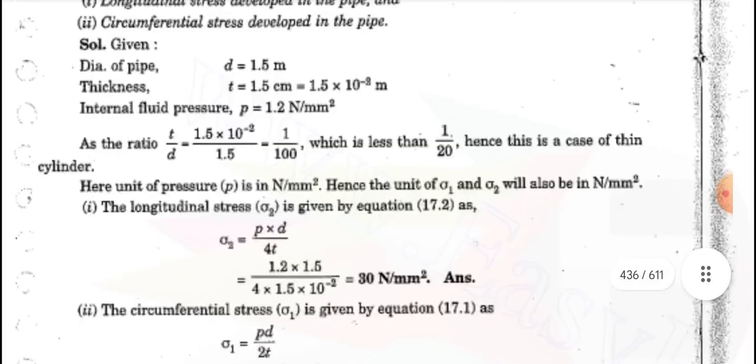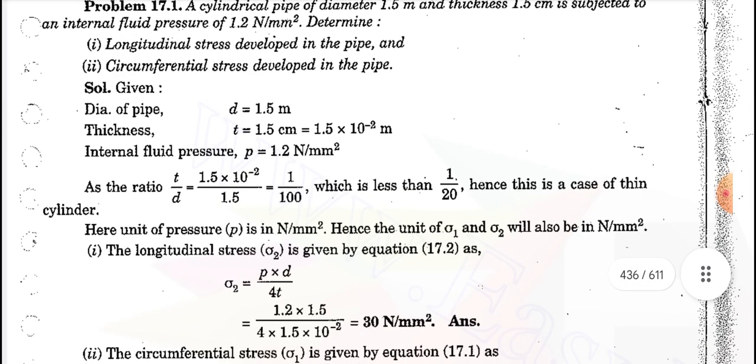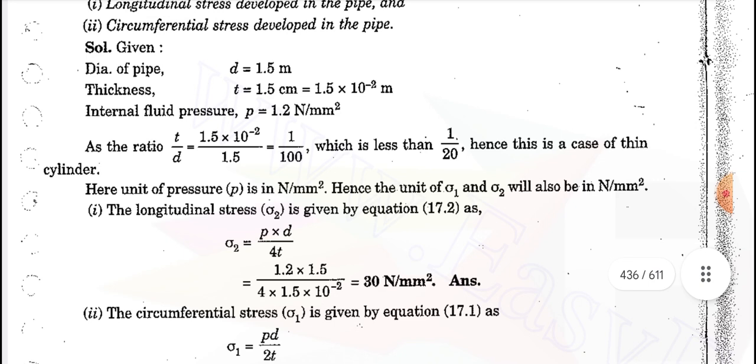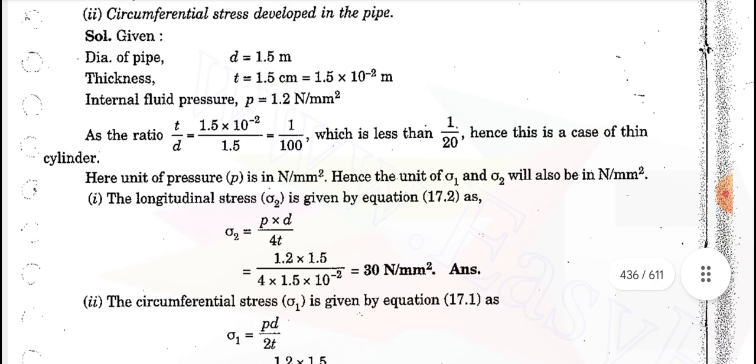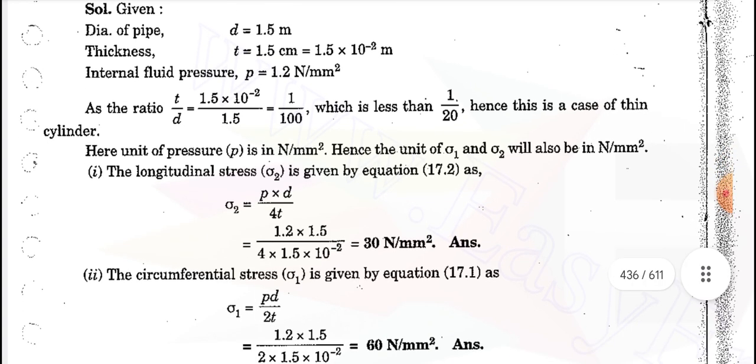We already discussed the longitudinal stress formula and circumferential stress formula. The longitudinal stress is half of the circumferential stress. The circumferential stress formula is PD by 2T and the longitudinal stress formula is PD by 4T. The pressure value is already given in the sum, that is 1.2 Newton per mm square.